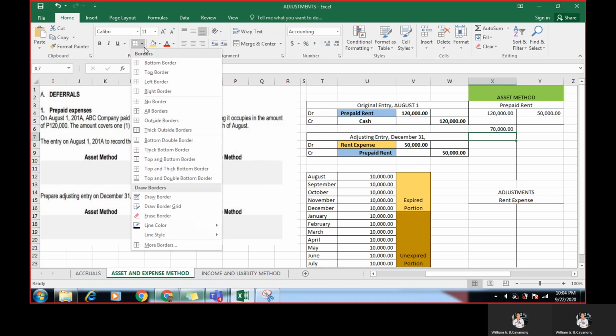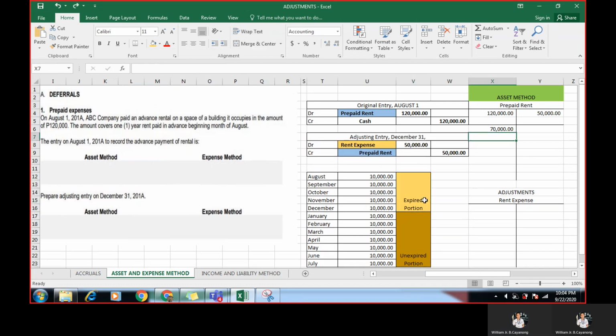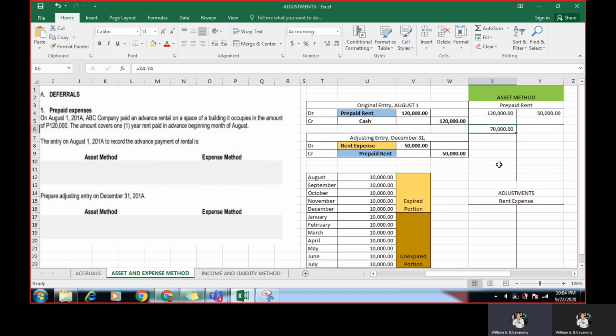Okay. Ayan. 70,000. Okay. So therefore, itong 70,000 will be our prepaid or the unexpired portion, which is represented by this figure.